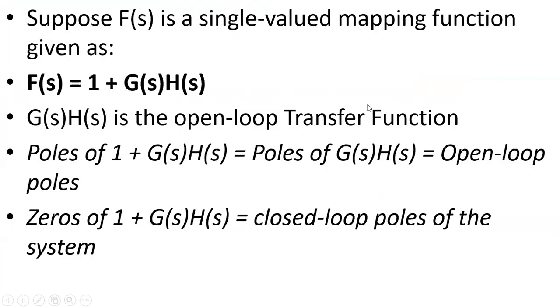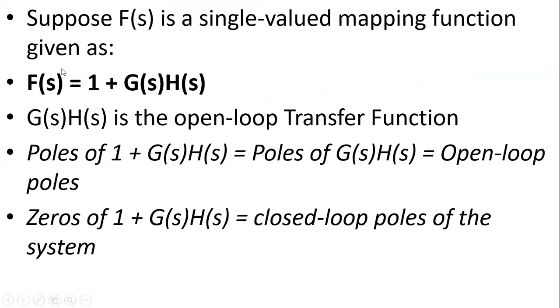Nyquist stability criterion is a general stability test that checks for the stability of linear time invariant systems. However, it's not applicable to nonlinear systems. Suppose, let's say f of s is a single valued mapping function, which is given as f of s is equal to 1 plus g of s into h of s, right?